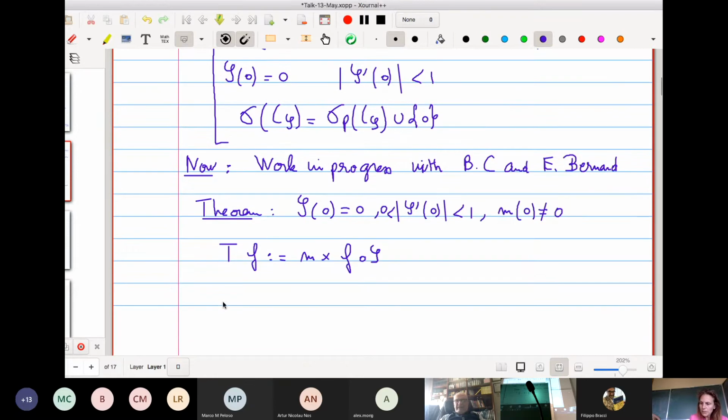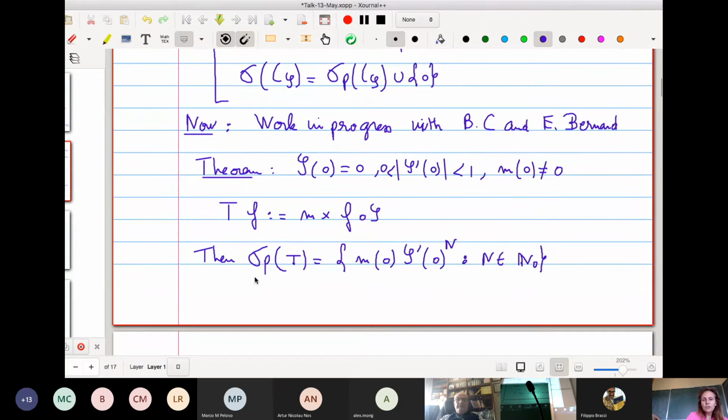In this case, the point spectrum is m0 times the point spectrum of when you remove the weight, and moreover the spectrum is also equal to the point spectrum union 0.